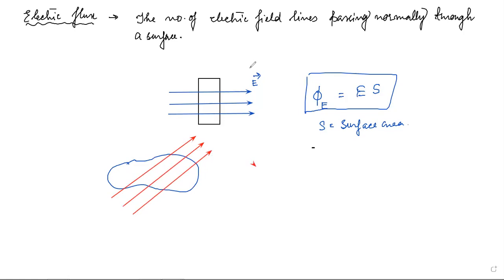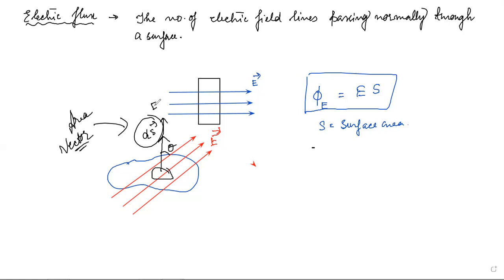In that case, how can we calculate the electric flux? Then we have to consider a small surface. Suppose this is a small surface, and this small surface has its vector in the perpendicular direction, the ds vector. This ds vector is called the area vector. If the angle between this ds vector and the electric field E is theta, then in this direction only we can write E cos theta.